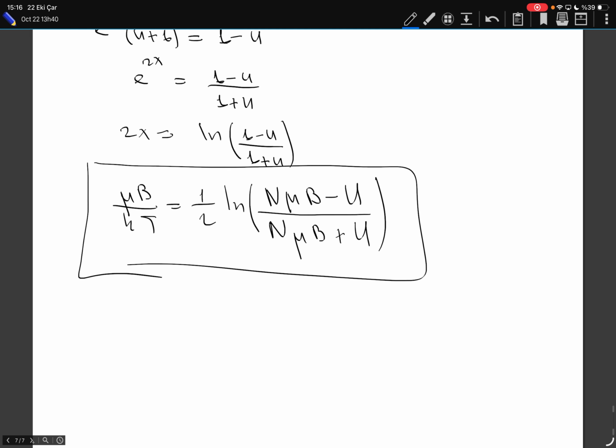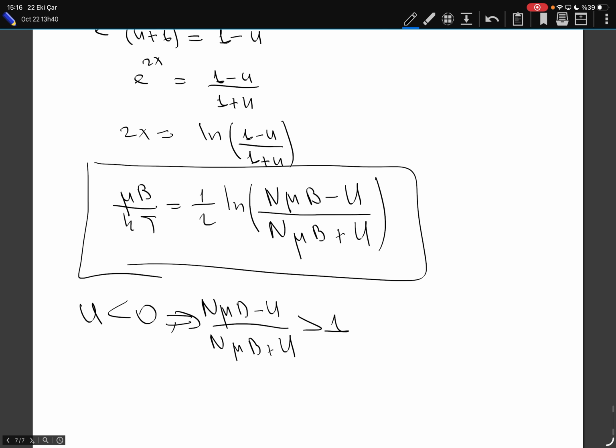So if u is less than 0, N mu B minus u over N mu B plus u is larger than 1, because the numerator is larger than the denominator, and hence T is positive.